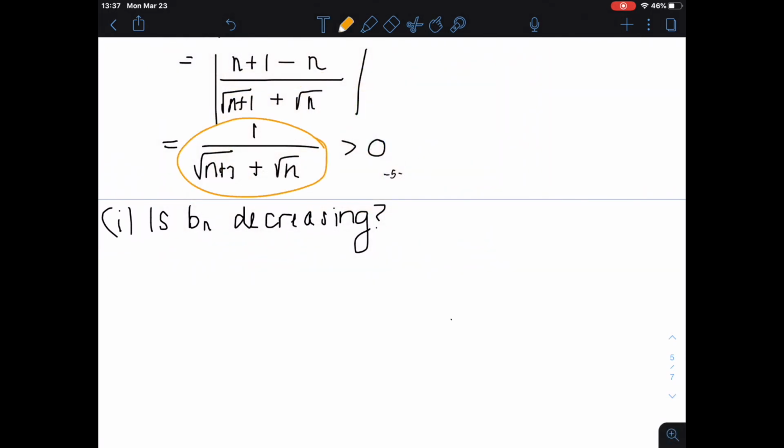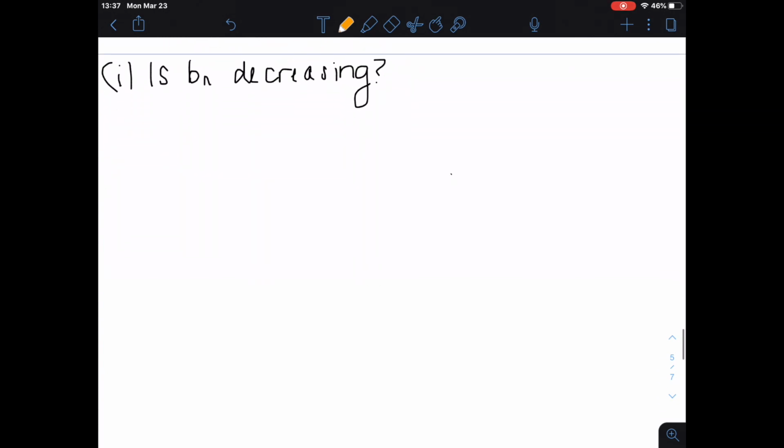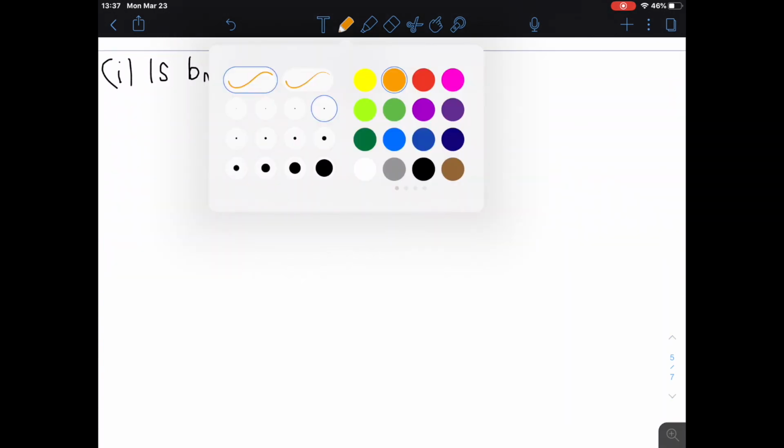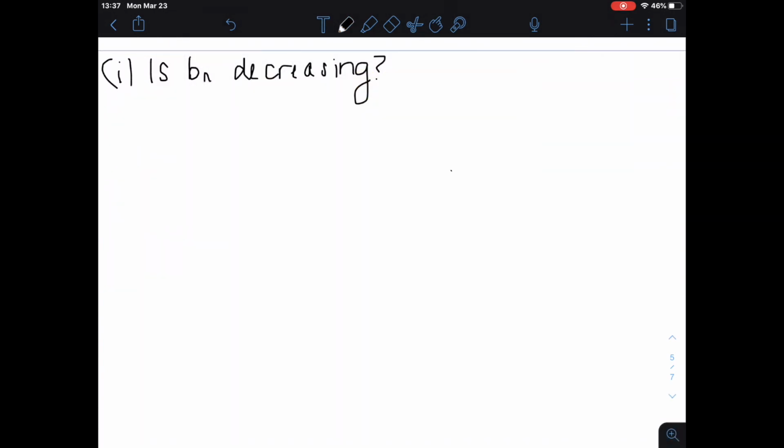But I'm going to go ahead and do it for the original one where I didn't multiply by the conjugate, because otherwise I have a lot of chain rule and quotient rule, and I don't really feel like dealing with all of that. So we're going to let f of x be the square root. Oh, that is not a square root.